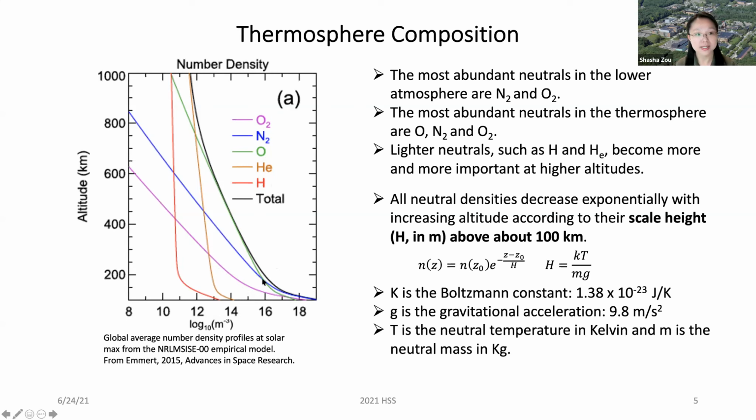Somewhere around 170 kilometers, the atomic oxygen actually becomes the most abundant neutral species here in the thermosphere and ionosphere regime. So understanding the formation and the dynamics of the atomic oxygen is very important for us to understand the IT system science.